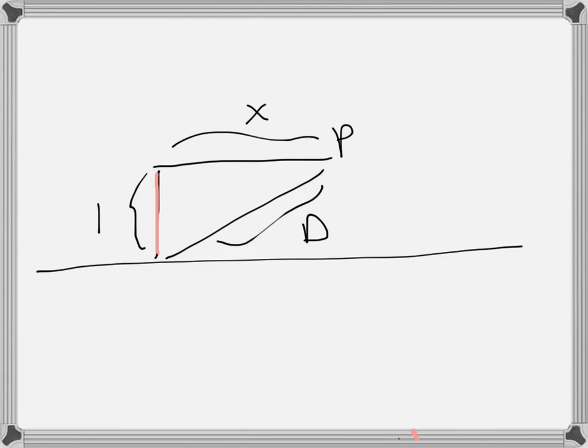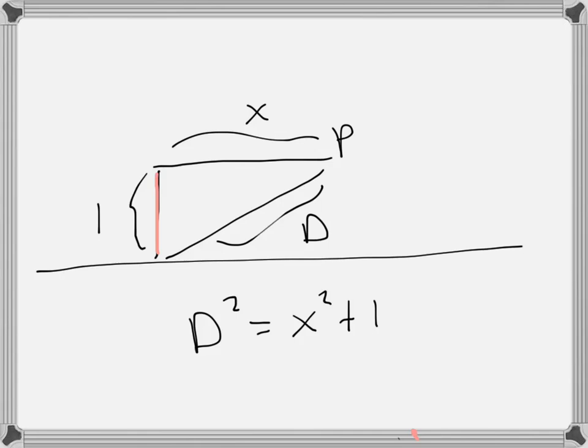The distance from directly above the radar station to the plane, P, that's what I'm calling x, and then the distance from the station to the plane is this diagonal line d, because the distance would be the closest direct straight line from the plane to the radar tower. So d squared is x squared plus 1 squared, which is 1. And that's just from the Pythagorean theorem.